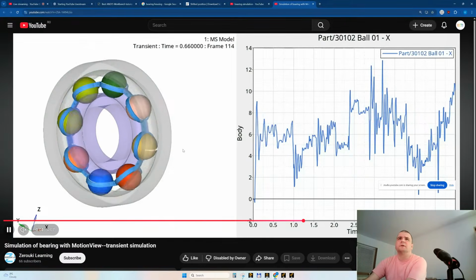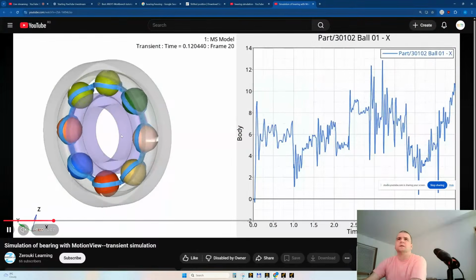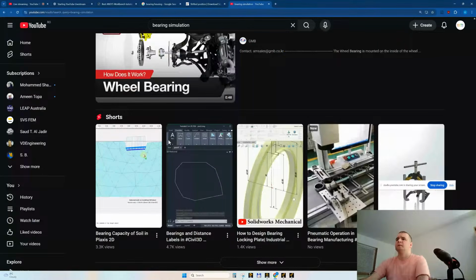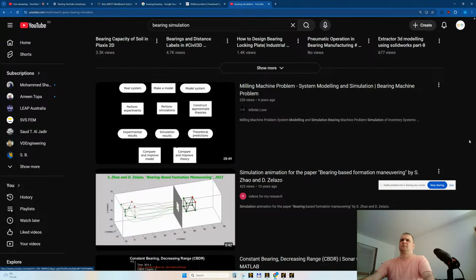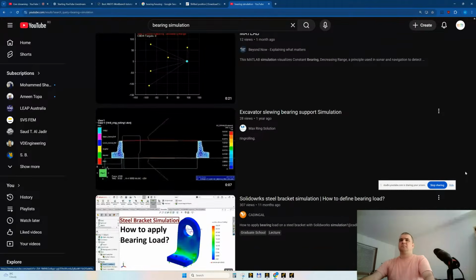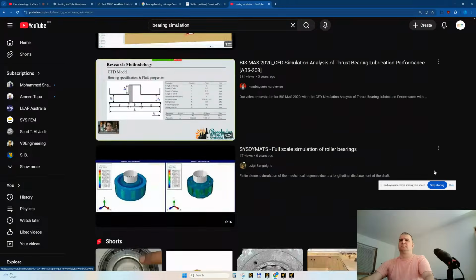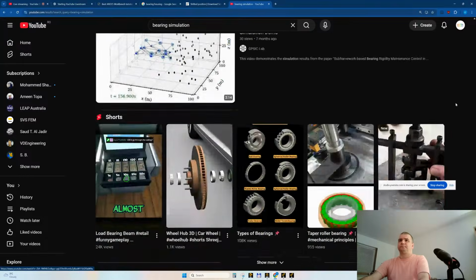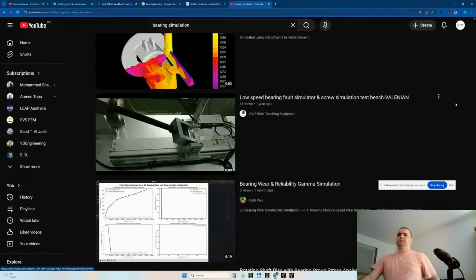Motion view, yes, I would have liked to see the rotating balls. I don't know if they rotate, maybe they rotate. No more bearings, no more bearings.